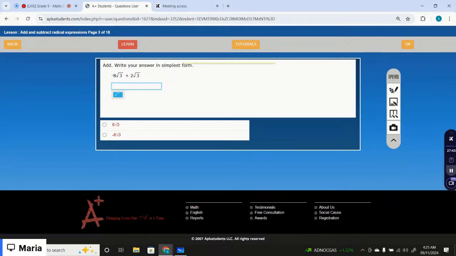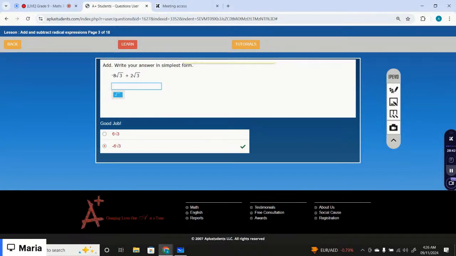Add negative 8 square root 3 plus 2 square root 3. The correct option is, that is negative 6 square root 3.